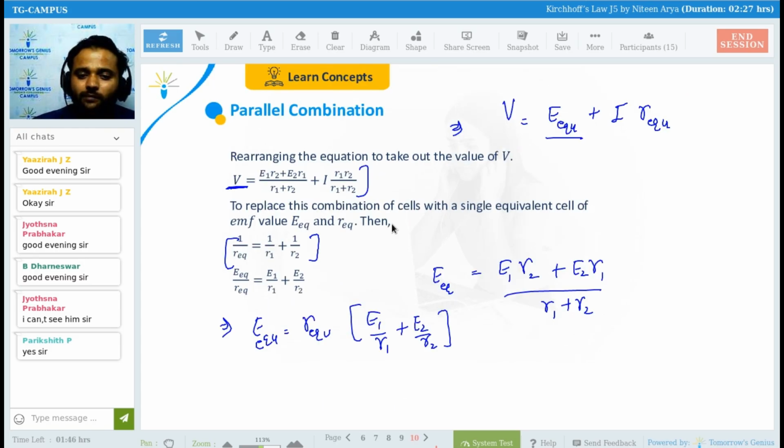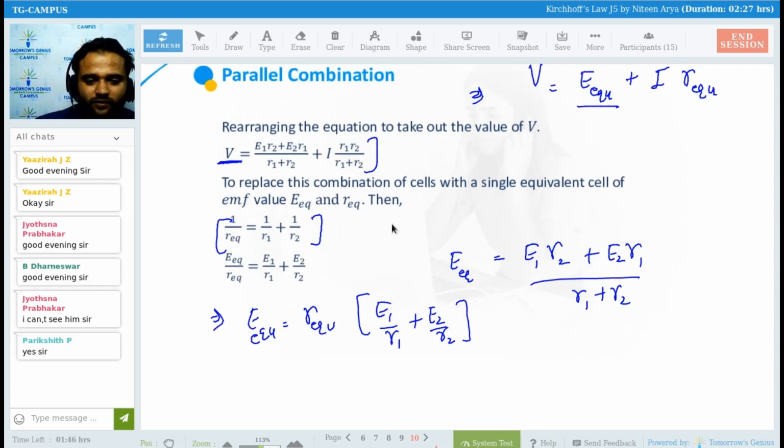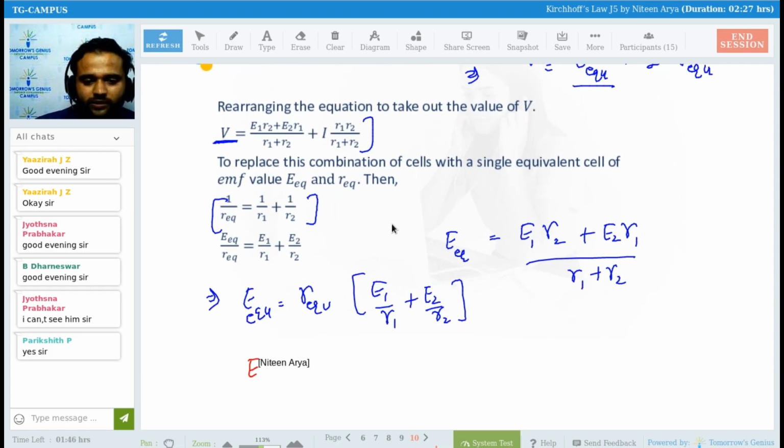Now this is going to be a little bit more complex. Instead of 2, I can join 3, 4, and so on. Got it? So then simply you need to do this.